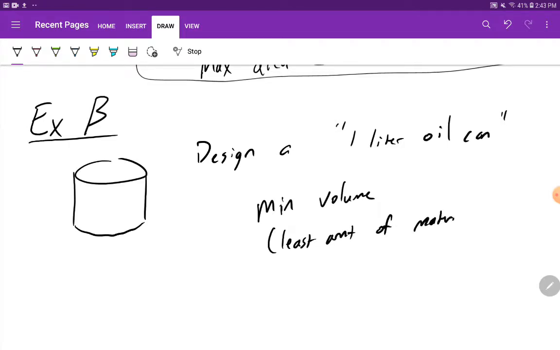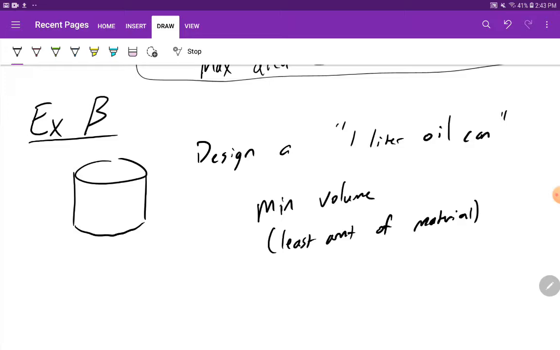So if we're talking about a can, usually they use aluminum and stuff like that to create these cans, and then they recycle them and all that stuff. But what we want to do is minimize the amount of, let's say, aluminum that we have to use, so that we can manufacture the most amount of cans that we can get.